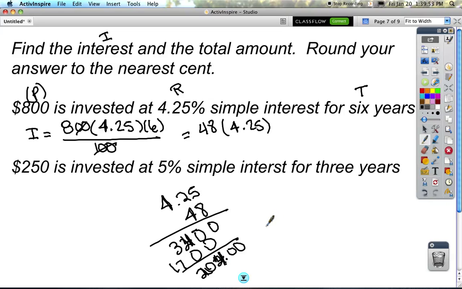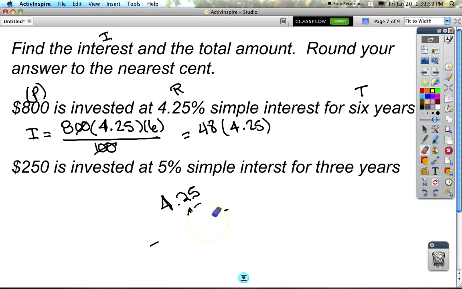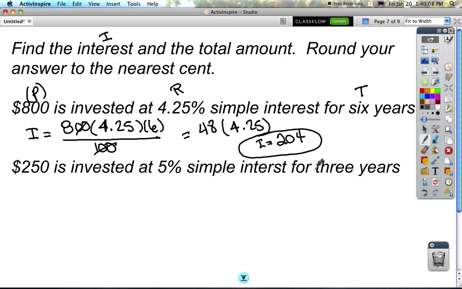Somebody check me. That's right. 204. Okay, so the interest gained on this is what? $204. So what is the total amount after 6 years?